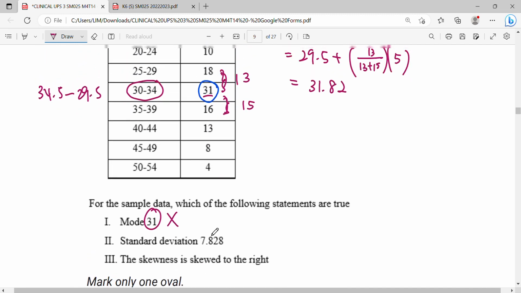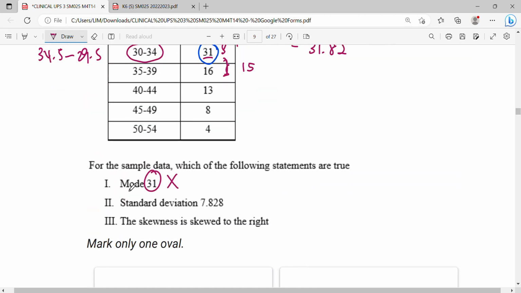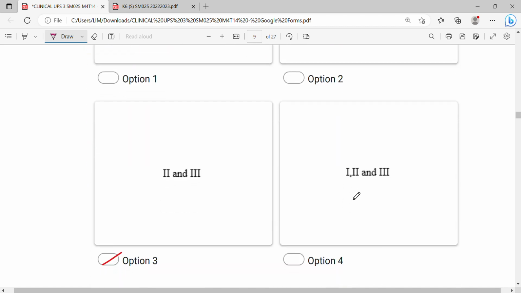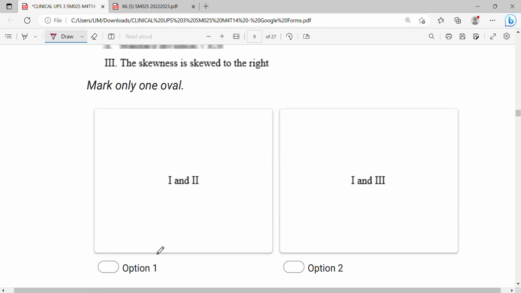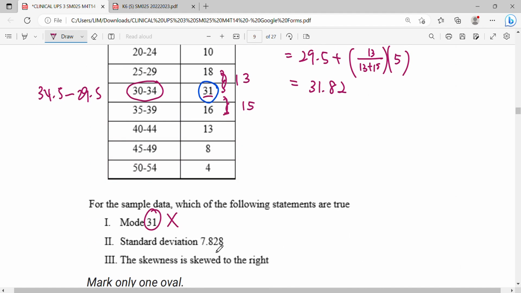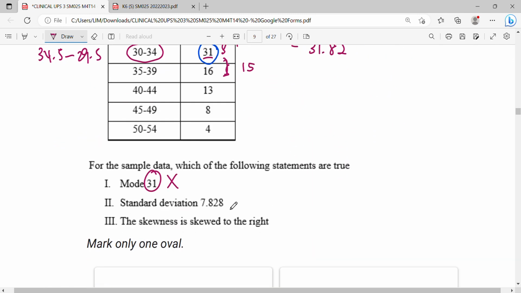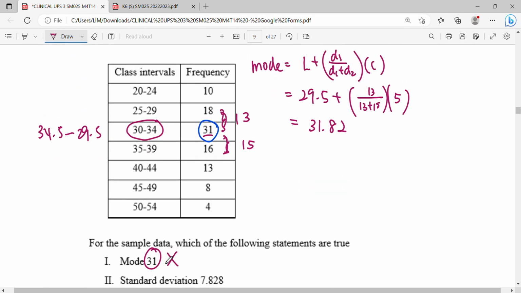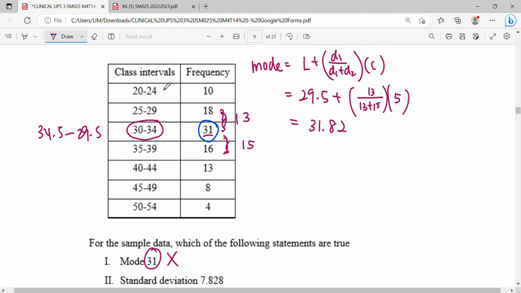Standard deviation. But actually when statement number 1 is wrong, you don't have choices anymore, leaving option 3. Right? So we don't need to waste time going through this again. Right? So we have confirmed statement number 1 is not correct. Okay, if you want to do standard deviation you can, just use the calculator, enter the mean, median, enter the midpoint. Understand? It's possible.